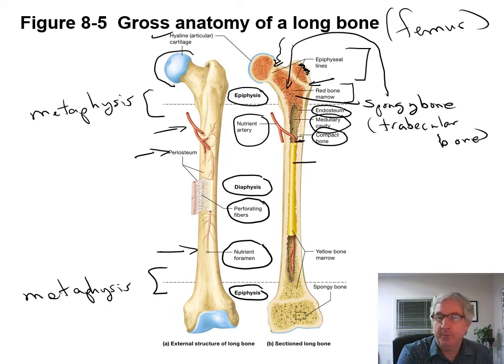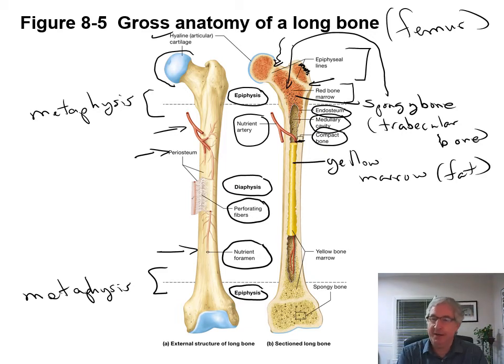And then in here you have yellow marrow. So you have yellow marrow and red marrow. Red marrow is where you make blood cells, and yellow marrow is fat. You don't have much fat when you're a little baby. You have a whole bunch of red marrow all over your body. As you get older, the red marrow starts being replaced by the yellow marrow.